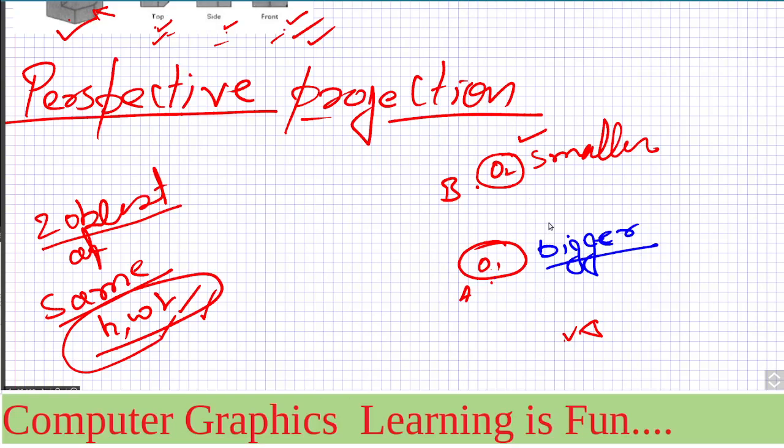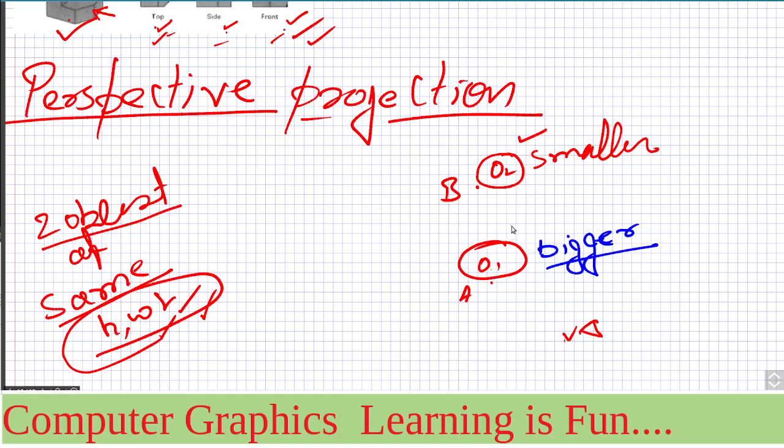When you look at a particular scene, wherever you are, something which is near to your eyes, and the same thing if it is at a distance. When it is near, it looks bigger, and when it is far, it looks smaller. Does it happen? Yes, sir. Yes, it happens.